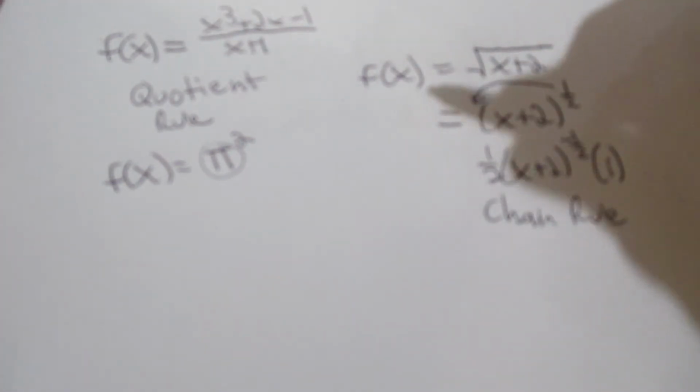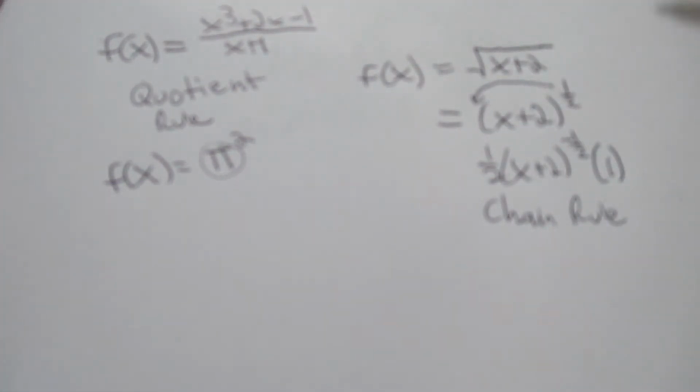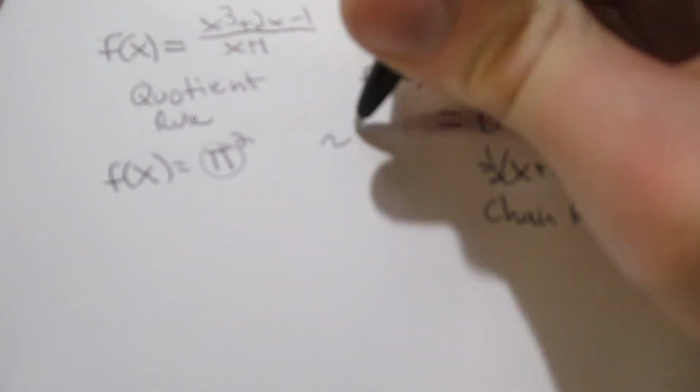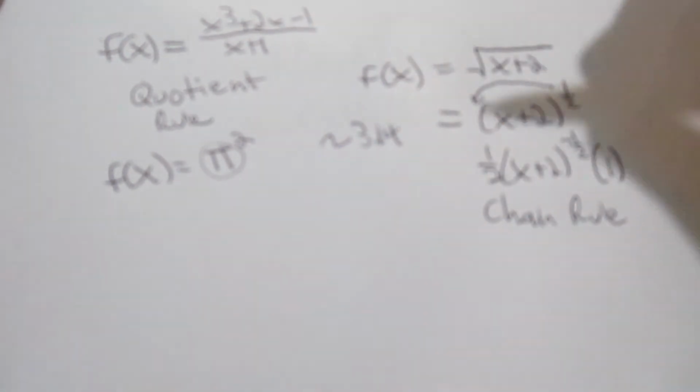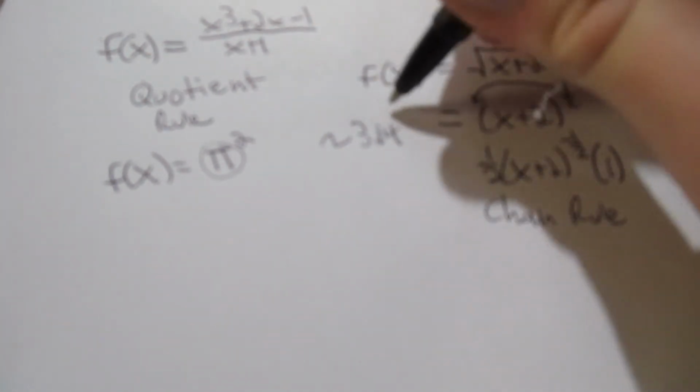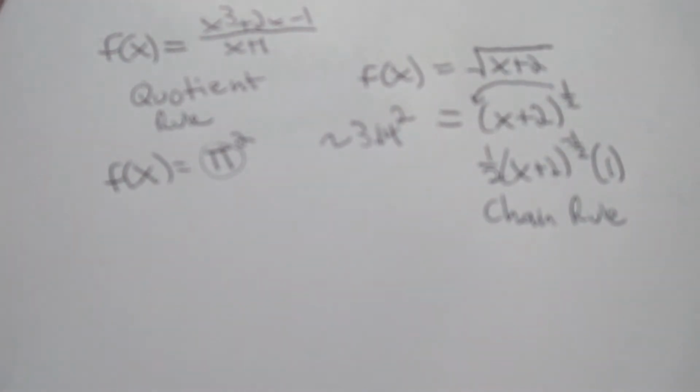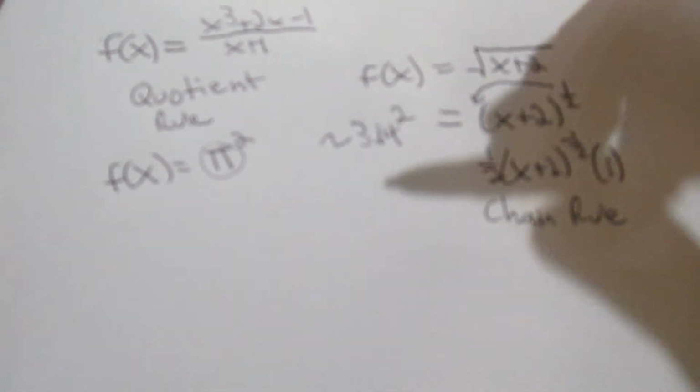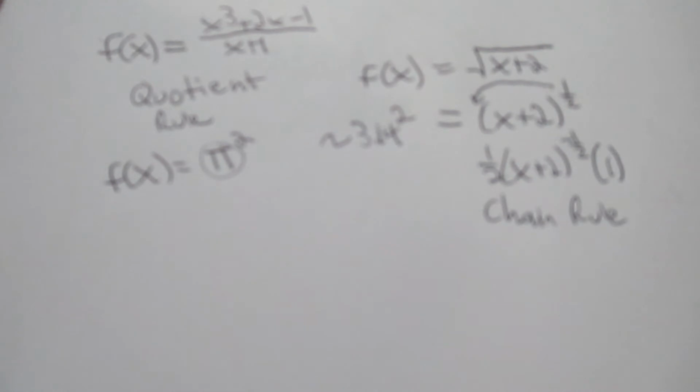Pi is actually a number, which is roughly 3.14, and 3.14 squared, I'm not sure what that is, but it ends up being just a number. And like I said, the derivative of any number that's just a constant without any variables is always 0.